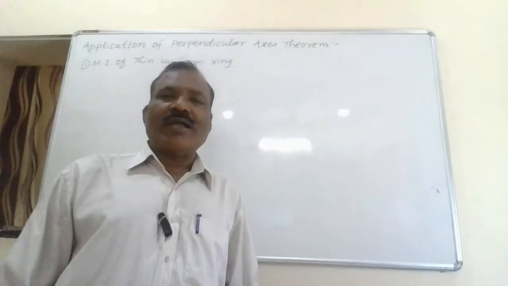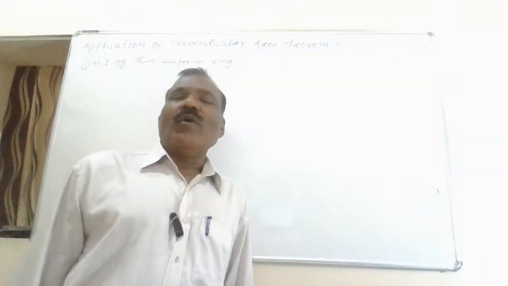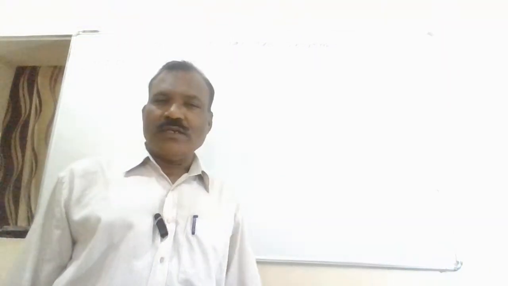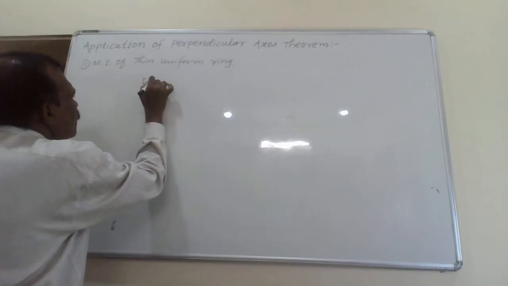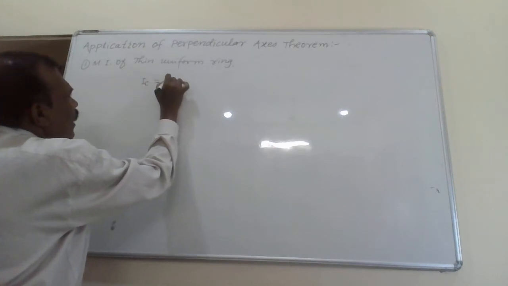You are well known that the moment of inertia of this thin uniform ring about an axis passing through its center and perpendicular to its plane is IC equal to mr square.